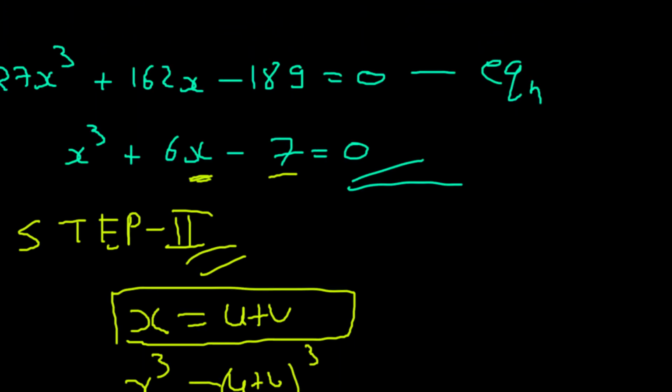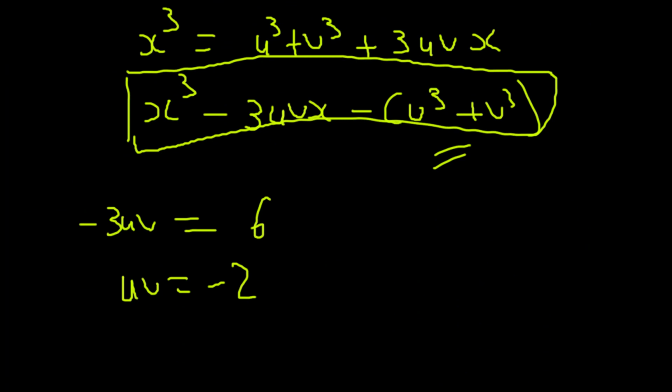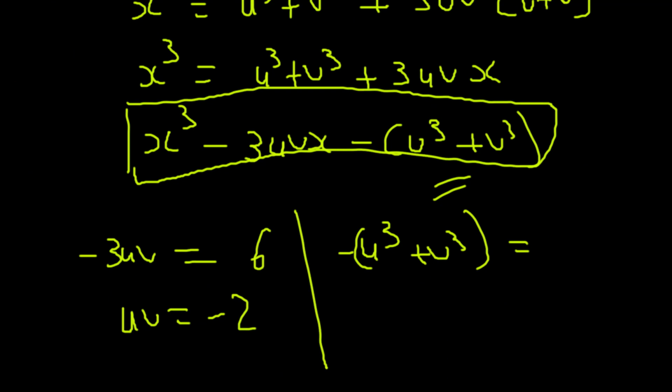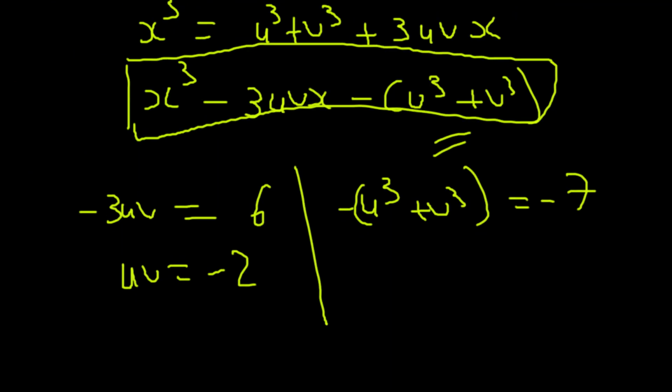We're going to do the same for the constant term. Let's make u cube plus v cube equal to minus 7 or plus 7. Let's see, it is minus 7. It is minus of 7. So u cube plus v cube equals 7.